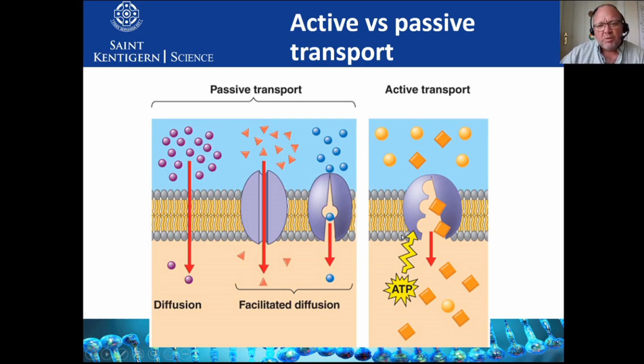Now with active transport, we need ATP, adenosine triphosphate. It's going to give off one of those phosphates that will give energy, and the energy will make this thing change.